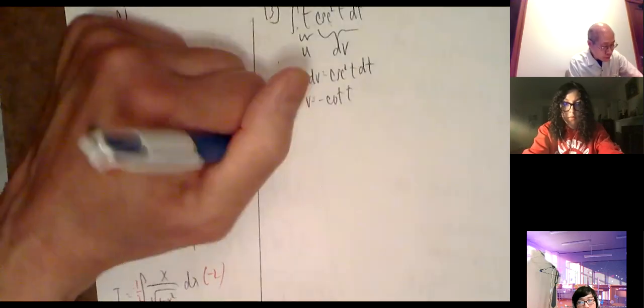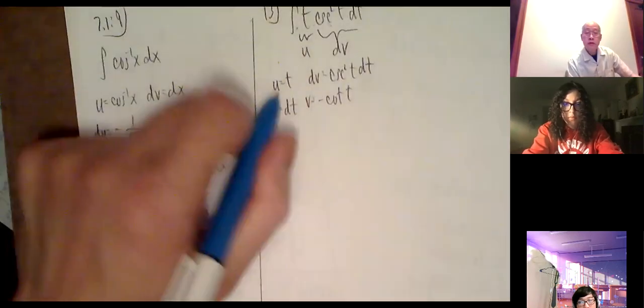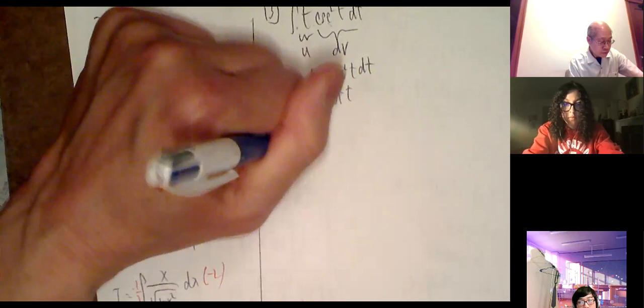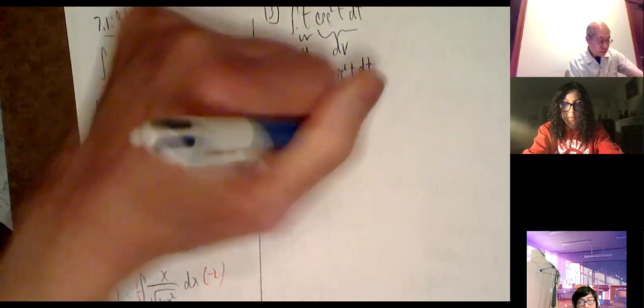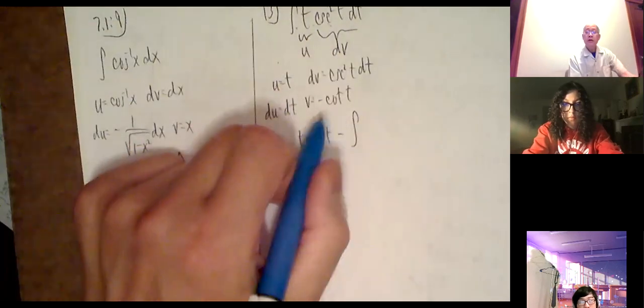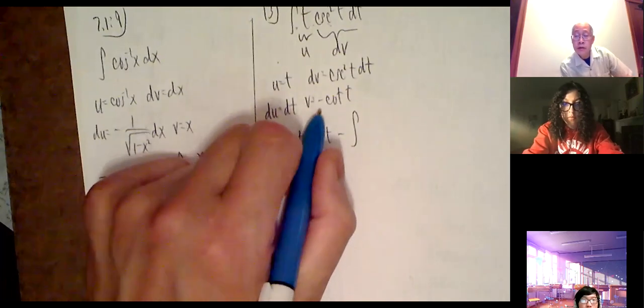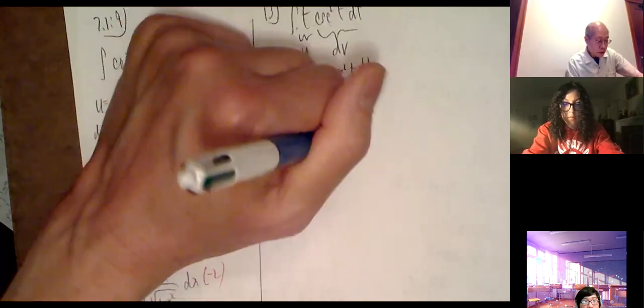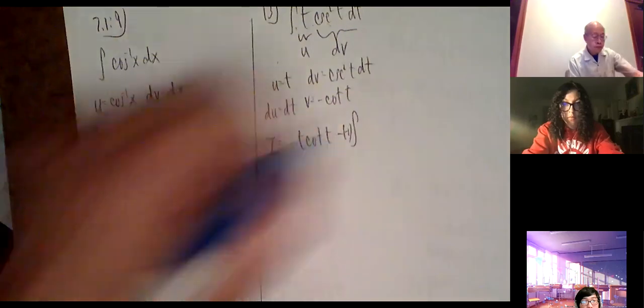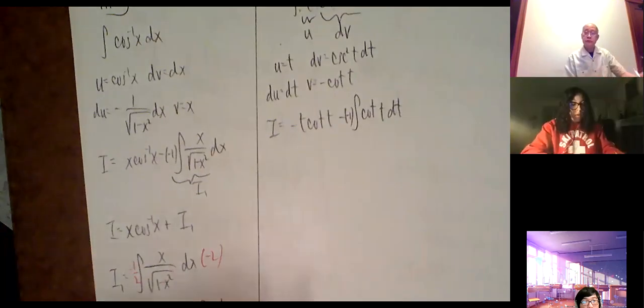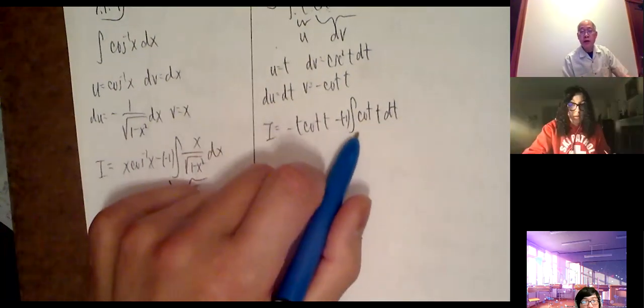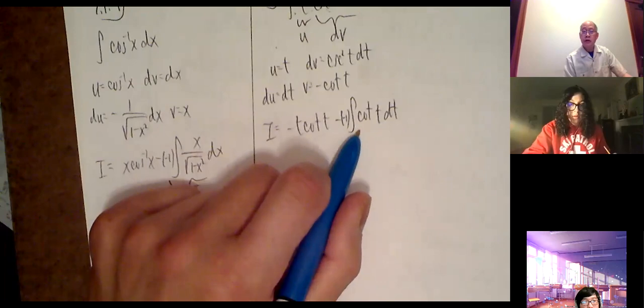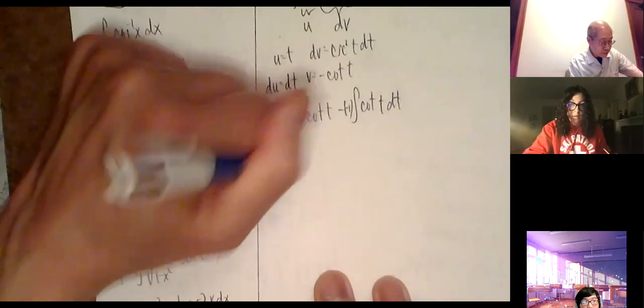Okay. uv minus the integral of v du. There's a negative, negative 1 cotangent t. Okay, we did this a while back, but you can make it cosine over sine.